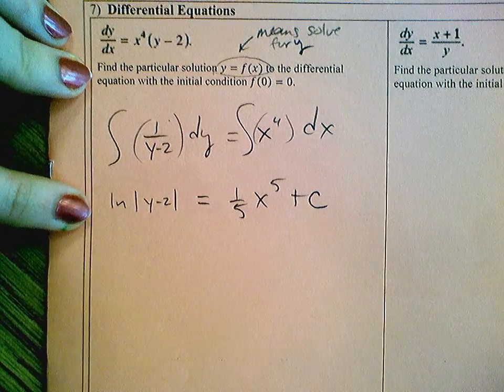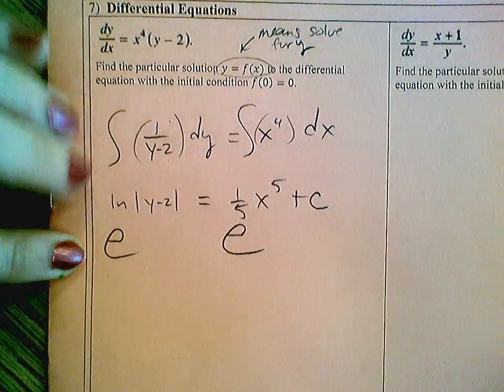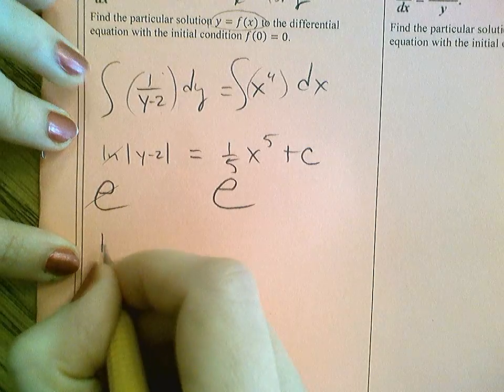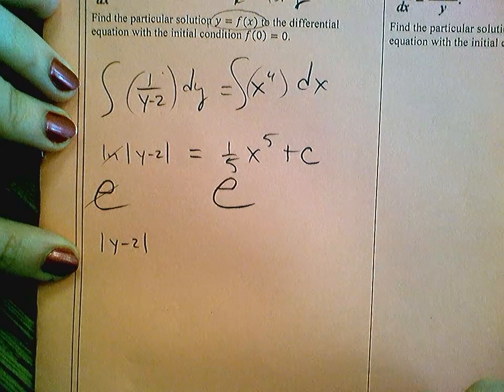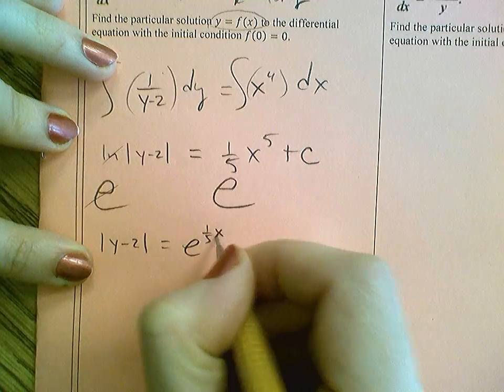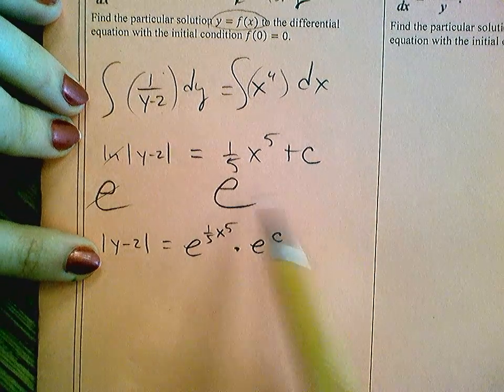Now since this is a natural log, I'm going to put a base of e on each side. So these will cancel, and this is just absolute value of that, equals e to the 1/5 x to the 5th times e to the c. So I'm just splitting this up.